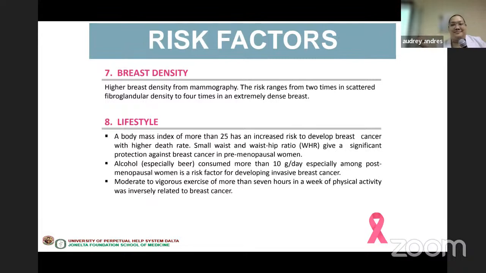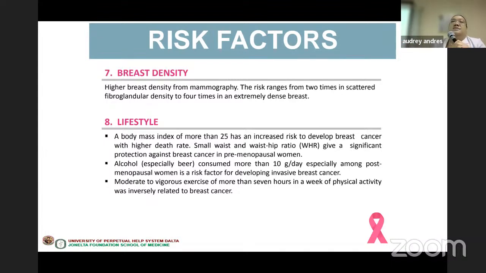Breast density, higher breast density on mammography. So risk is 2 times in scattered fibroglandular density to 4 times in an extremely dense breast. And of course, lifestyle is also related to estrogen. Alcohol, also estrogen.